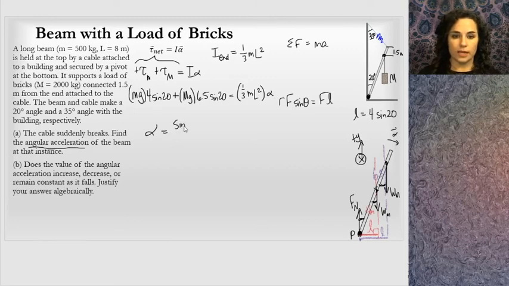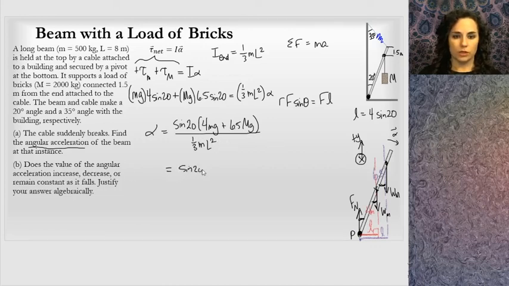I'm going to bring the sine out front, sine 20 times 4 little mg plus 6.5 big mg. You could even factor a g out there if you want. And you divide by 1/3 little m L squared. And you can plug in numbers through here.